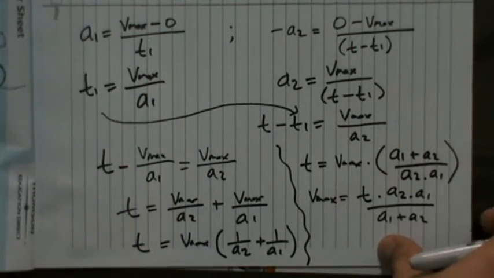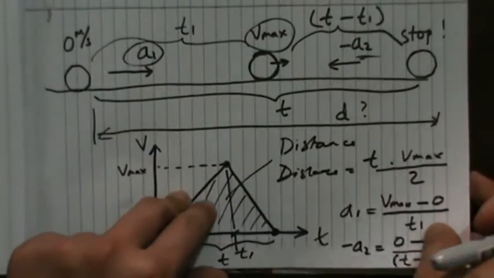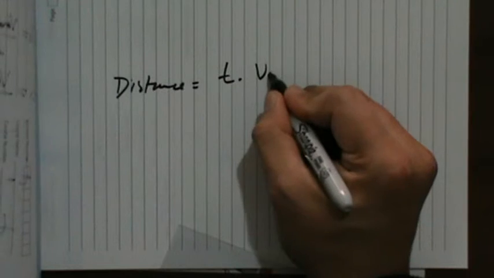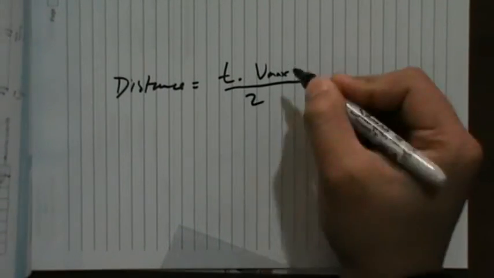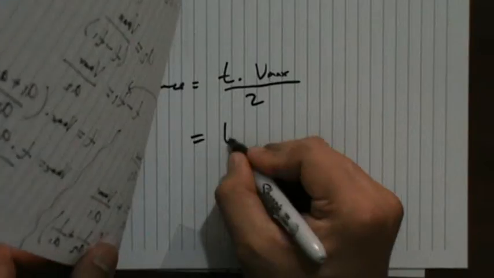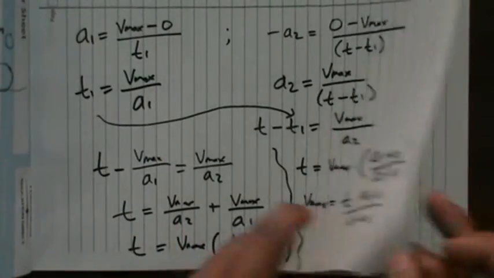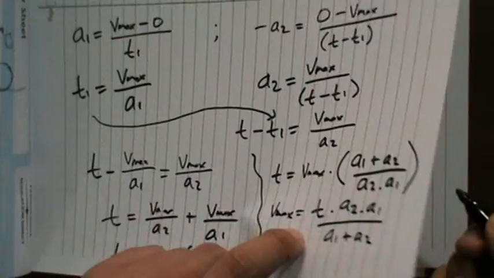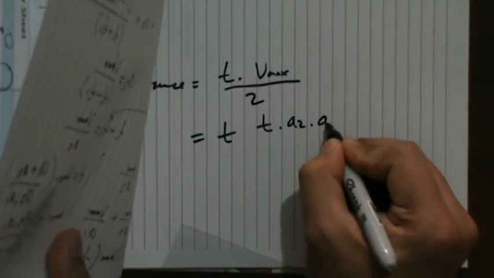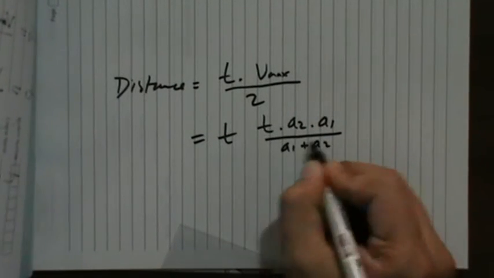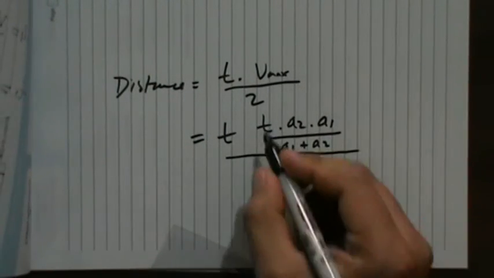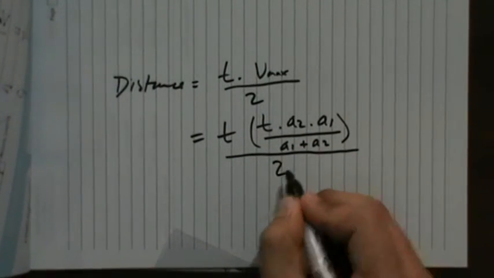And finally, let's see the distance. We have the distance is t times Vmax divided by 2, and then the value of Vmax here is t times a2 times a1 divided by a1 plus a2, so that's Vmax divided by 2.